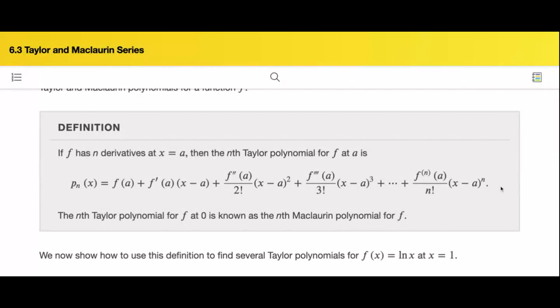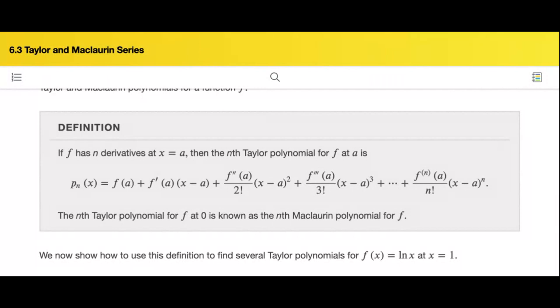And what about the rest? Because the series is an infinite series, it has infinitely many terms. So we call the remainder the (n plus 1)th order derivative divided by (n plus 1) factorial times (x minus a) raised to n plus 1, and so on and so forth. There are still infinitely many terms.